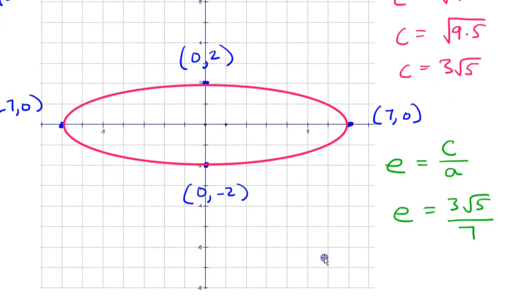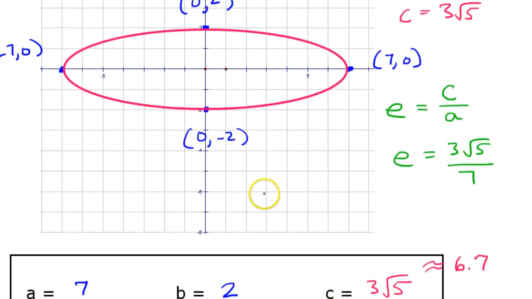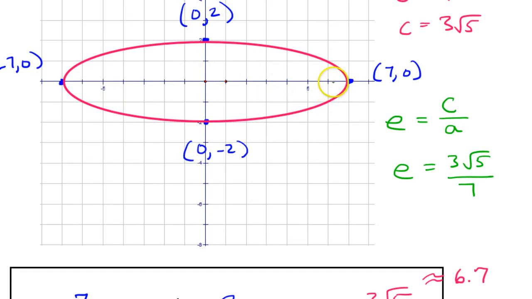So it would be helpful to know a decimal approximation for this c value here. So 3 radical 5 is approximately 6.7. So I will go 6.7 along the major axis. So if I go 6.7 to the right, well, 6.7 is really close to the vertex over there. Okay, and it's going to be negative 6.7. It's going to be really close to the vertex over here.